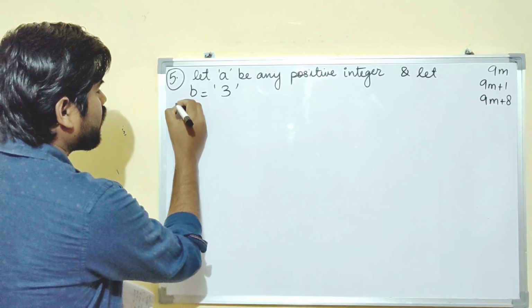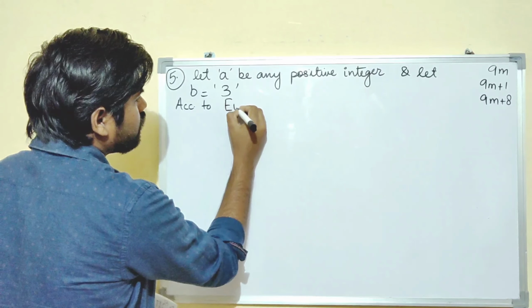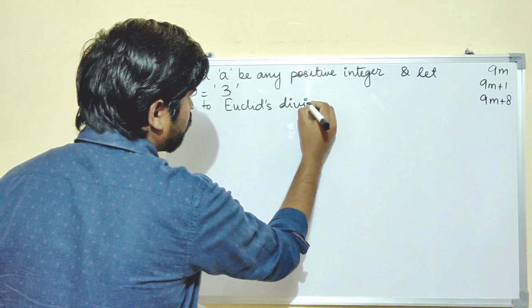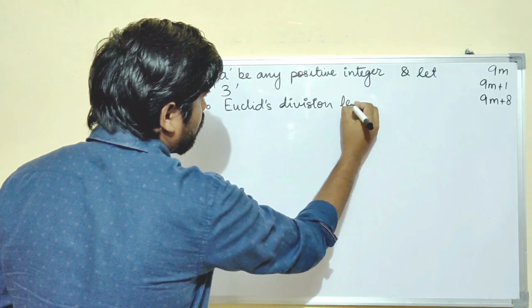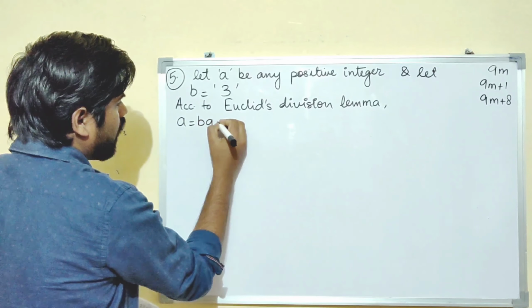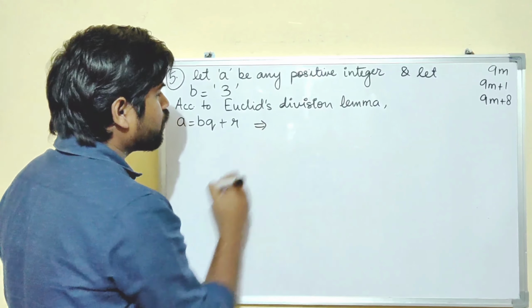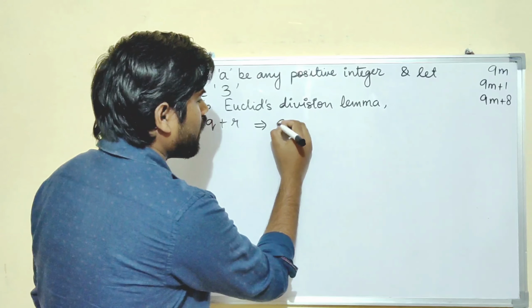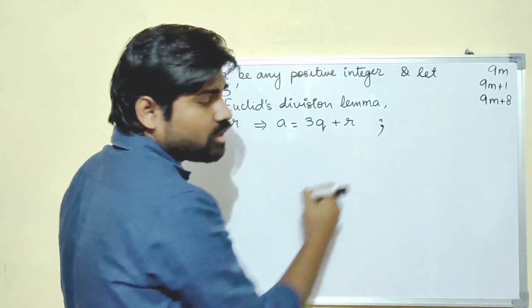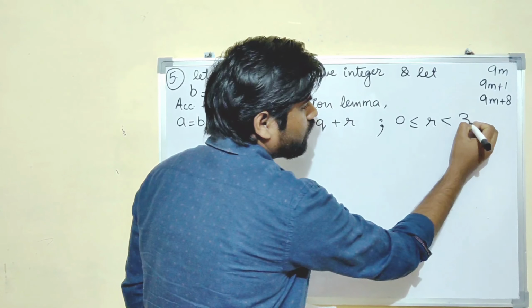You can see that according to Euclid's division lemma, which says that a equals bq plus r, we will substitute the value of b here. a equals 3q plus r, and the condition is 0 is less than or equal to r is less than 3.